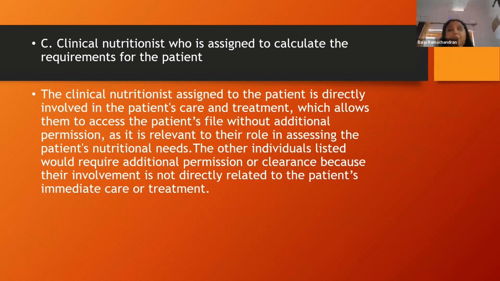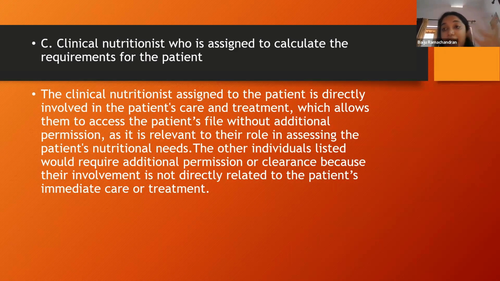Why are we saying that? Because the person who is allowed to check the patient's file without permission is the one who is taking care of that patient, right? The clinical nutritionist is directly linked to that patient because, to get the relevant information for the proper diet, she needs to check the patient's file to assess the clearance value and all other things, the height, weight, and everything she needs to first understand.